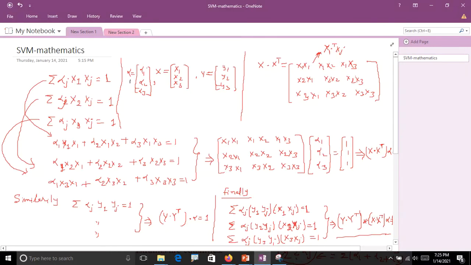So let us say alpha is a column vector, x is a column vector, but each x is again a row vector, y is a column vector. Now if you multiply x transpose x, so 3 by 1 and 1 by 3, that is an outer product. So you will get 3 by 3.